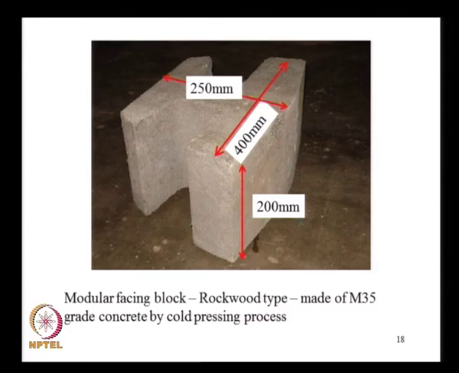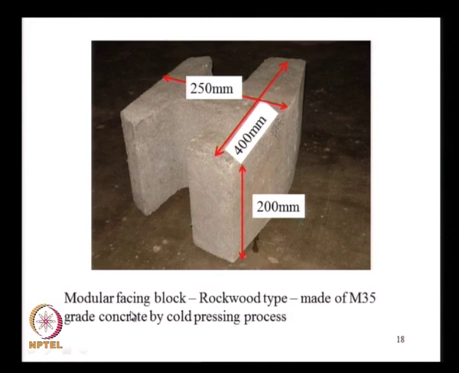So, that means that this much height of soil has to be filled by some means, and the type of facing system that was adopted was a modular block facing. This is a typical Rockwood type block. It has a length of 400 millimeters, a height of 200 millimeters and a depth of 250 millimeters, and this particular block is made of M35 grade concrete by cold pressing process.